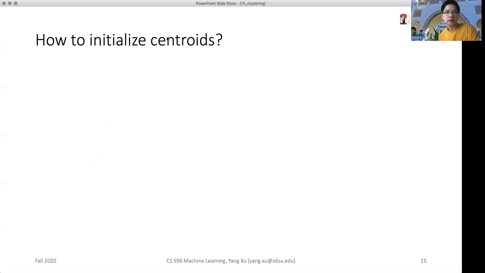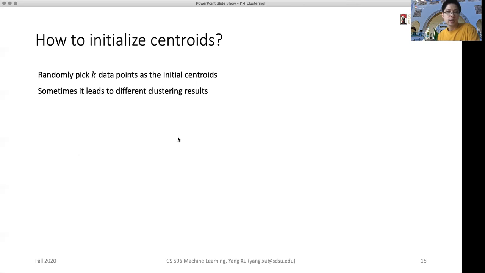Okay, so let's look at some common issues within this algorithm. So first, some technical issues and theoretical issues. First, we need to initialize the centroids. Right. So the method we introduced so far can randomly pick k data points as initial centroids, and sometimes different initializations will result in different clustering results.